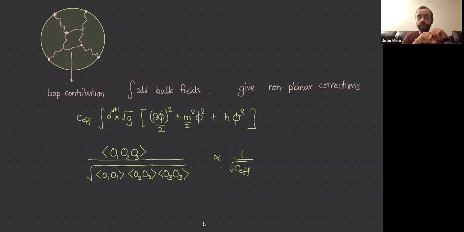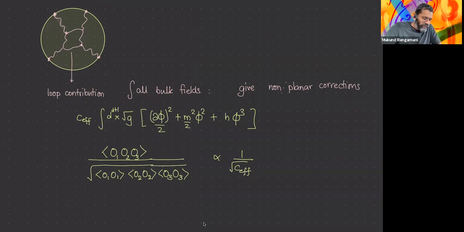So shouldn't we get that in the strict planar limit, in classical supergravity, interactions don't matter and we only have the disconnected correlators? Yes, so if you want me to set C effective to infinity, yes. I'm just saying that they're of order 1 over root C effective.